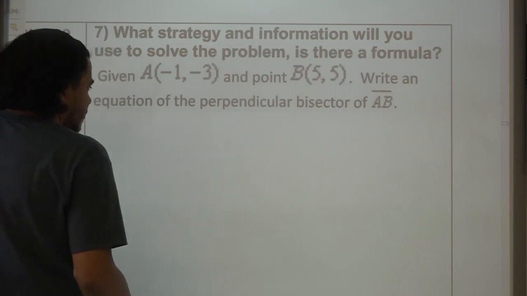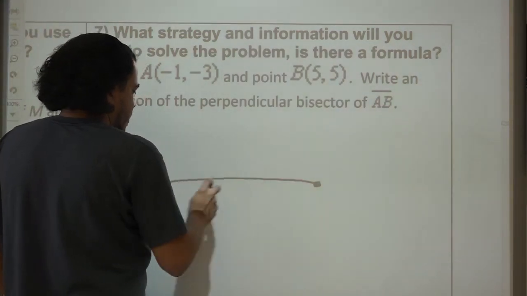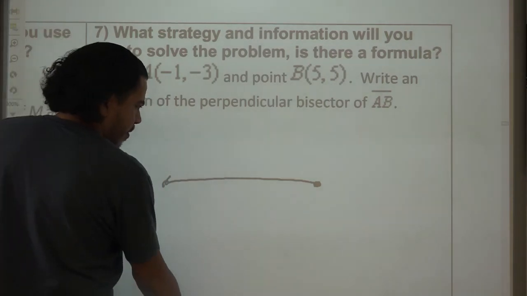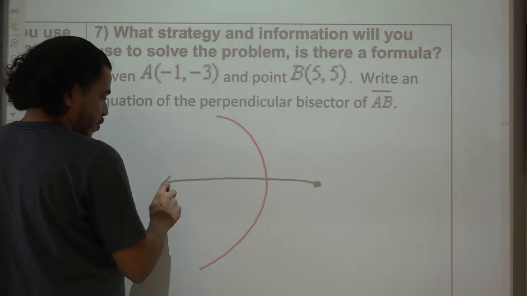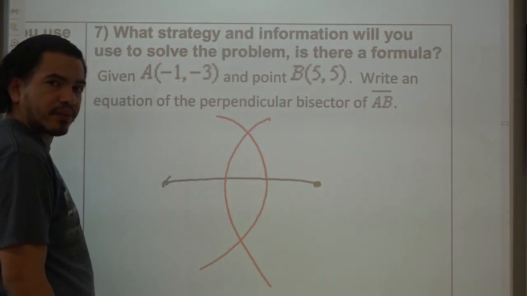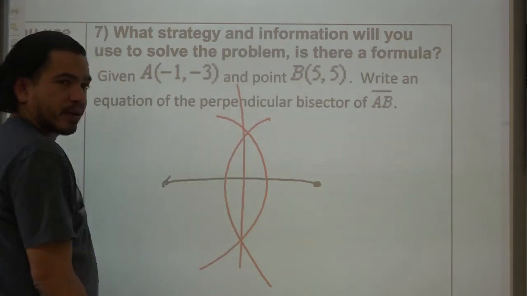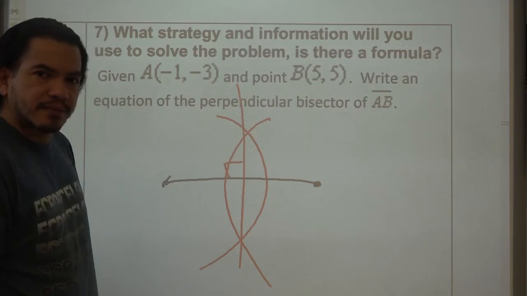All right. Let's define this. Perpendicular bisector. You have a line segment, right? Remember? Open the compass more than halfway, put the compass here, then put the compass here, and with the same radius, you do that, right? And you have your perpendicular bisector. Perpendicular because it forms 90 degrees.